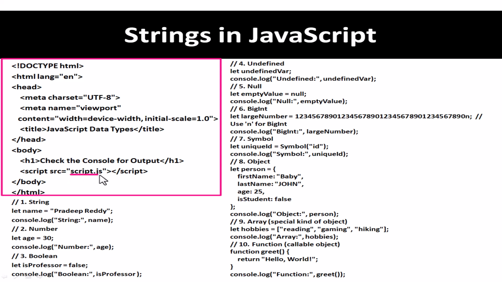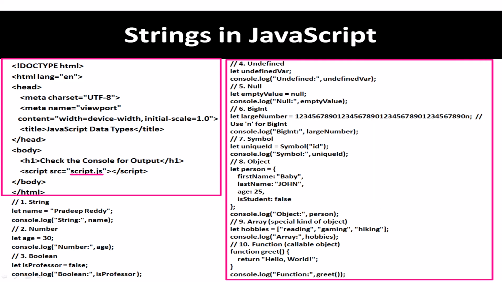Now I am going to place all these particular things, just whatever we have mentioned. All the data types we have seen up to right now, I am going to mention. So now string, name, and it is going to print the name, age, boolean, null operator, big int. We are using symbol, and we have used an object by using a let, and console log and function. So all the things we have inserted in the program.